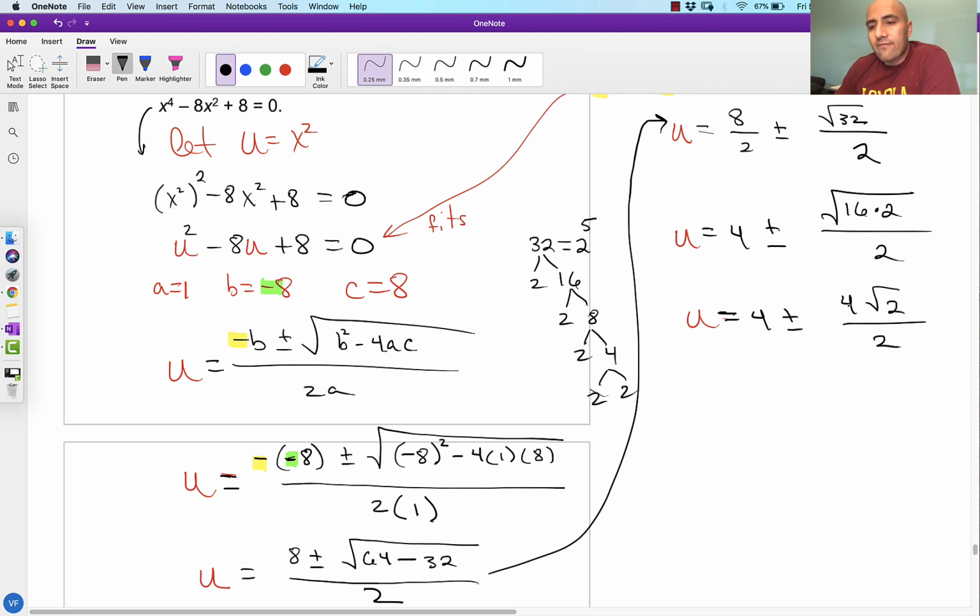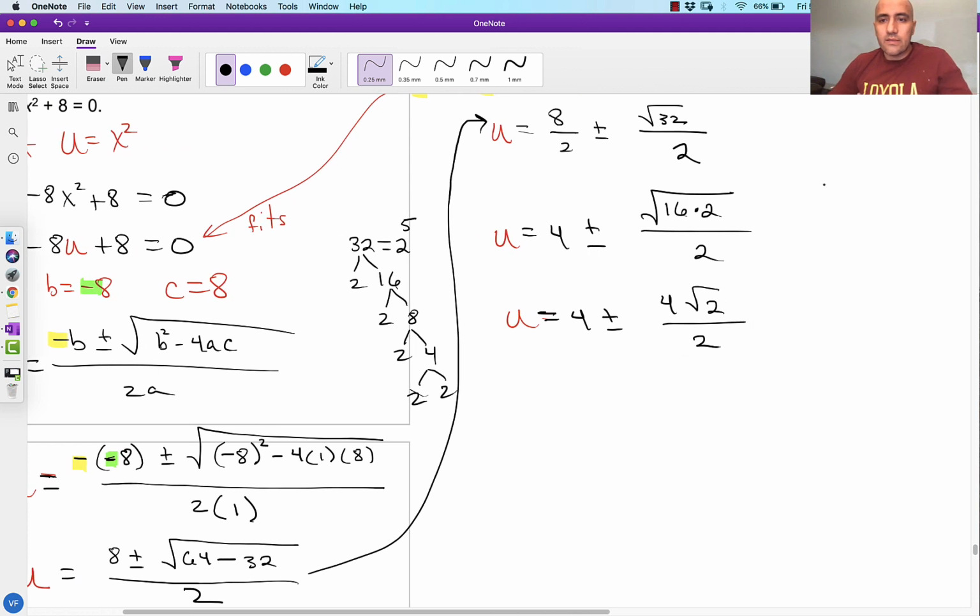And pulling out that 4 is the same thing as pulling out little groups of 2 in powers of 2. Right? So that's the other thing I was pointing out. We can think of root 32 as root 2 to the power of 5, which is 2 to the power of 2 times 2 to the power of 2 times 2 to the power of 1.